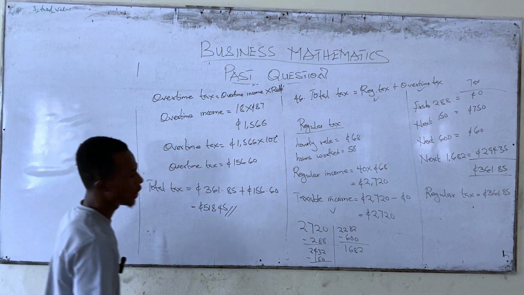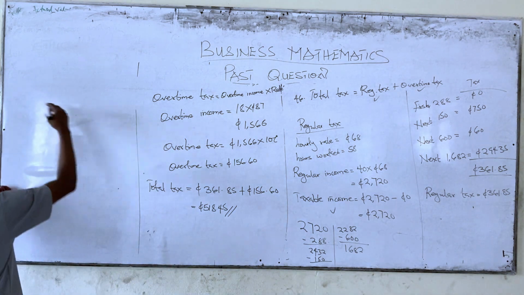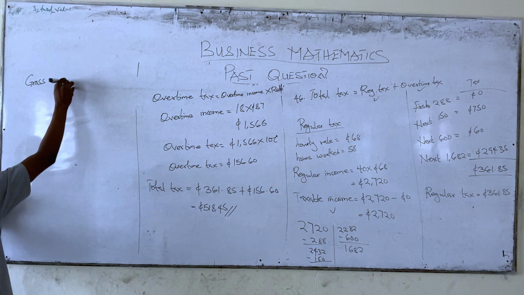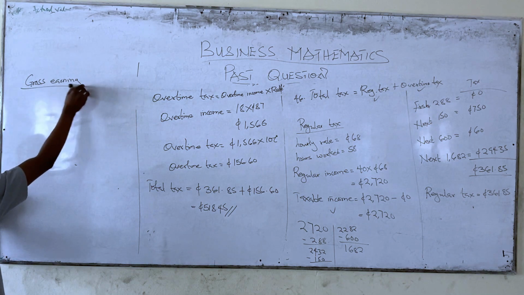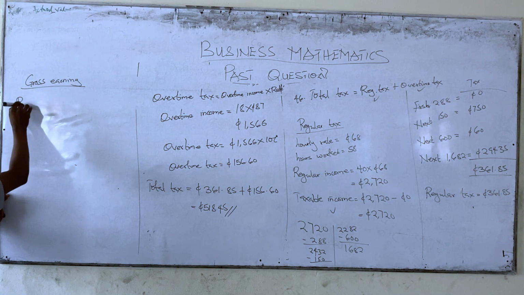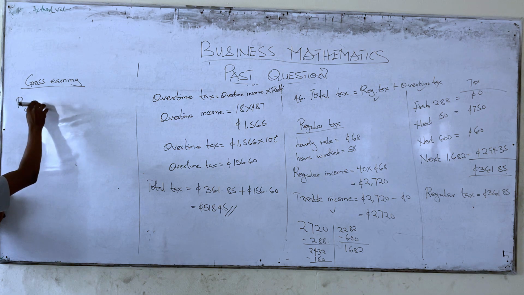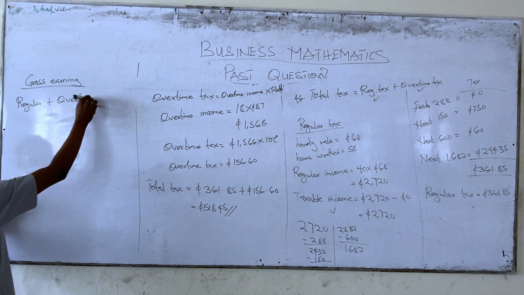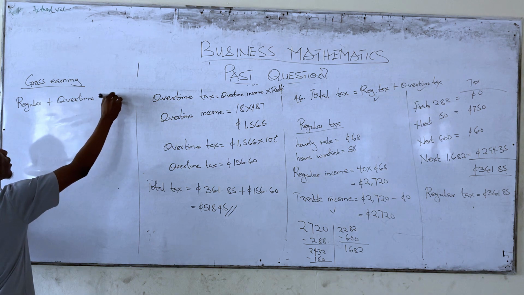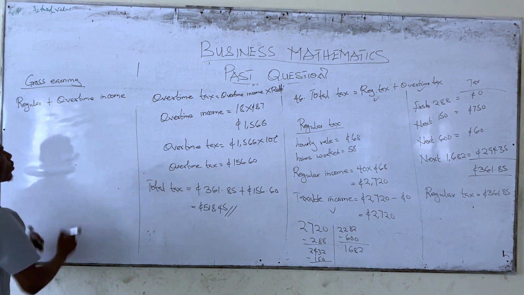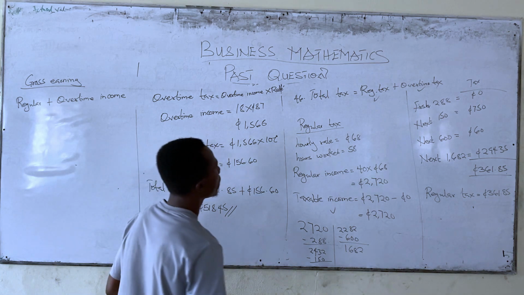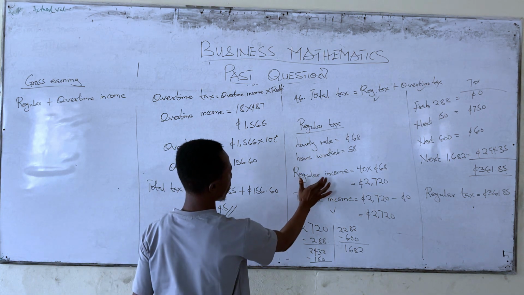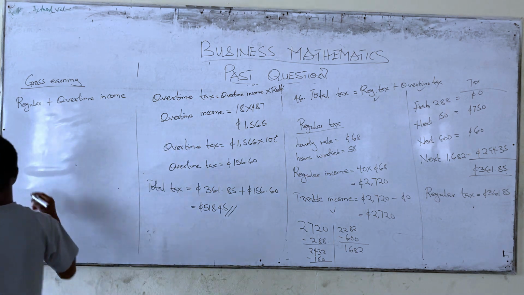What we are going to do here is that the gross earning for him is going to be the regular income plus overtime income. Okay, yes. So do we have the regular income here? 2,720.